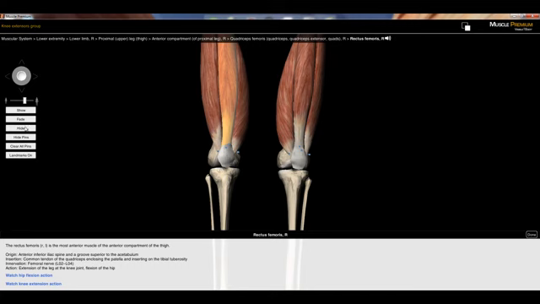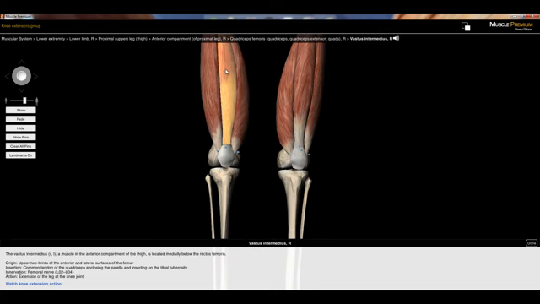If I go deep to the rectus femoris, I have the vastus intermedius, a deeper muscle in the anterior compartment located slightly below the rectus femoris, and it attaches on the upper two-thirds of the anterior and lateral surface of the femur.